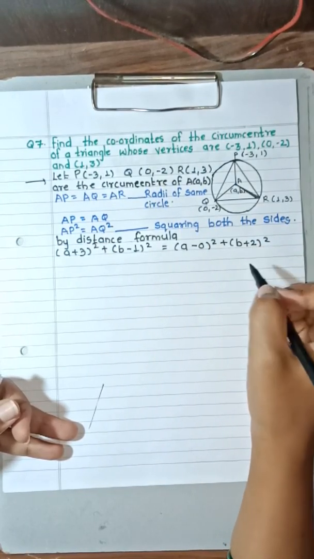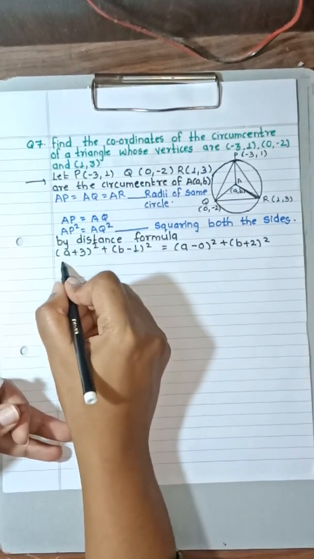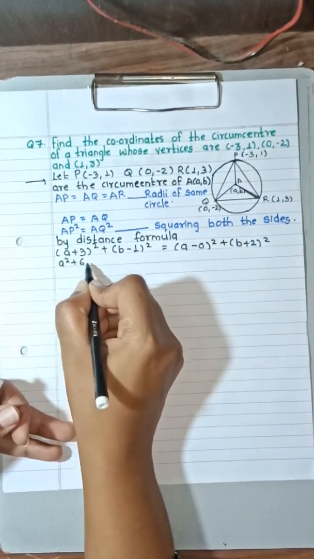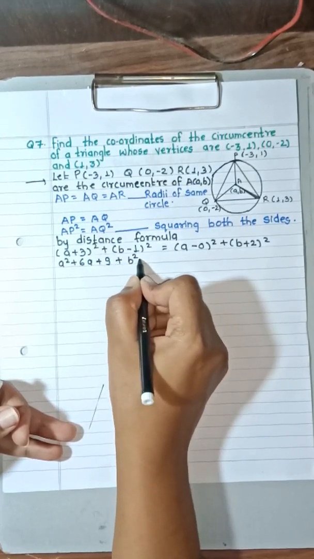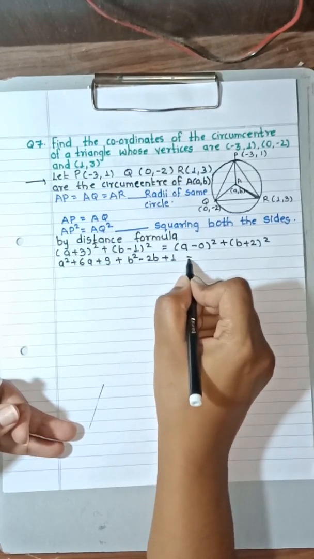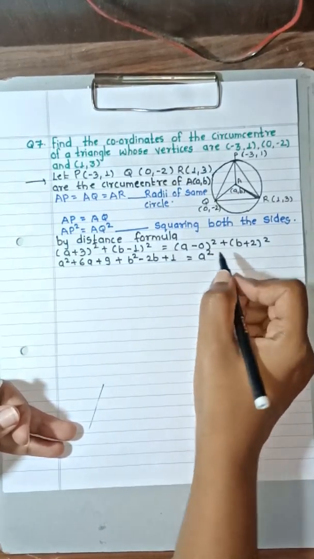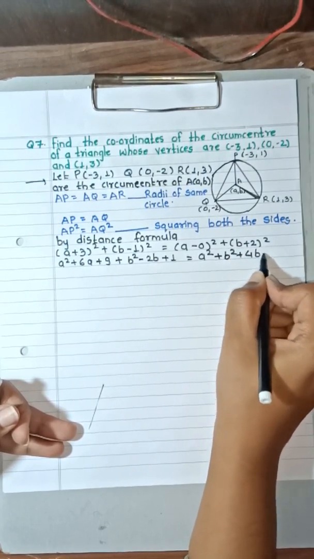Minus will become plus. Minus 2, minus will become plus over here. So this will be a square plus 6a plus 9 plus b square minus 2b plus 1 is equal to a square plus b square plus 4b plus 4.